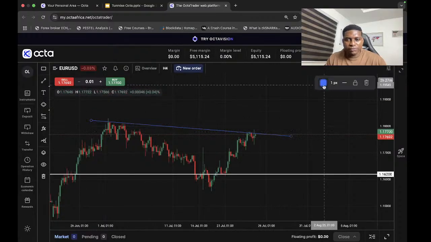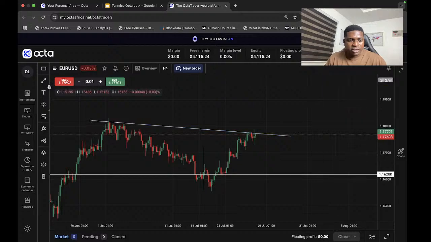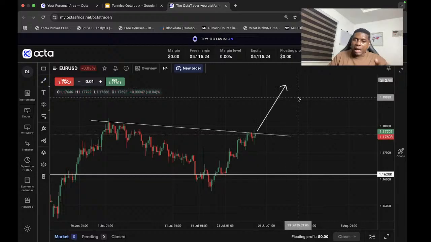Let me change this to white. So I'm expecting to see a breakout of this level. All right, so I'm bullish on Euro USD.